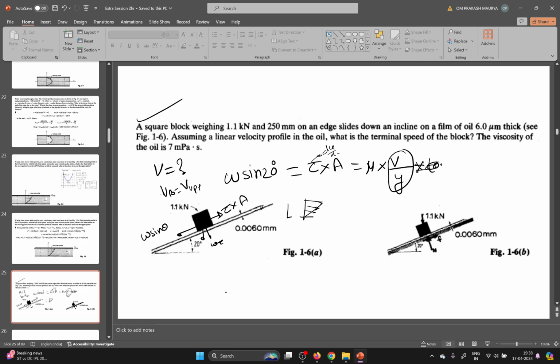So now what you will do, 1.1 kilonewton, if you want it in Newton, you multiply with 100 into sine 20 degree, and dynamic viscosity is given as 7.